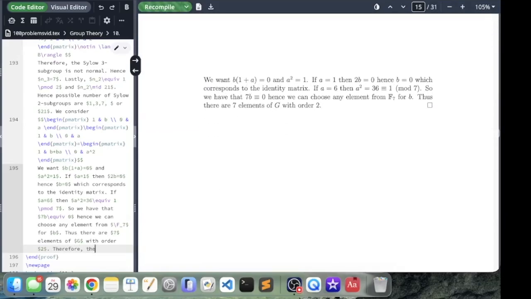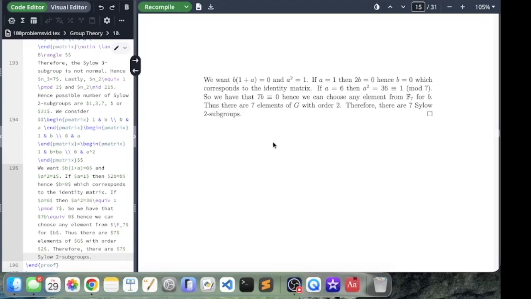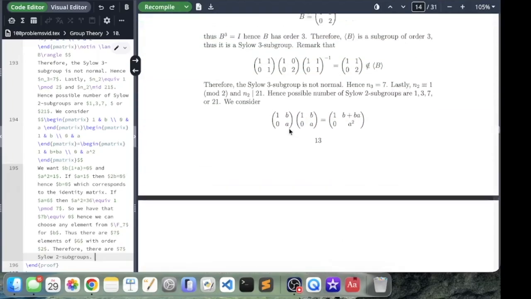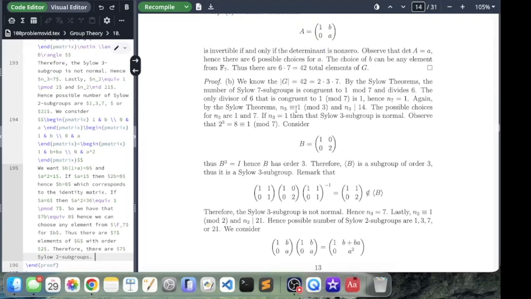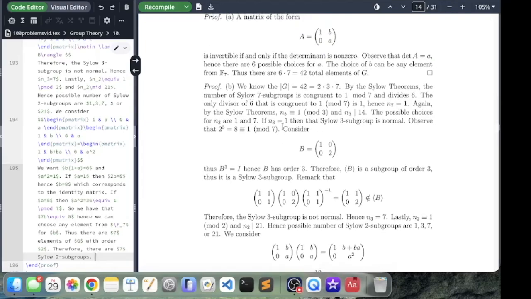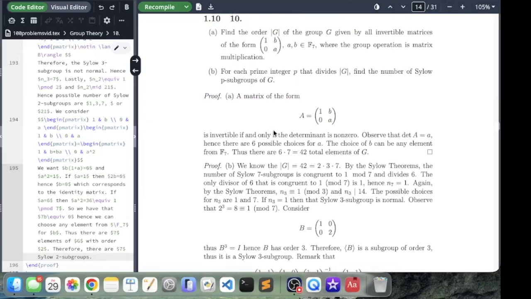Therefore, there are 7 Sylow 2 subgroups, which is the last Sylow subgroup that we wanted to talk about. So there are 7 Sylow 2 subgroups, there are 7 Sylow 3 subgroups, and there was 1 Sylow 7 subgroup. Really awesome and rich problem.